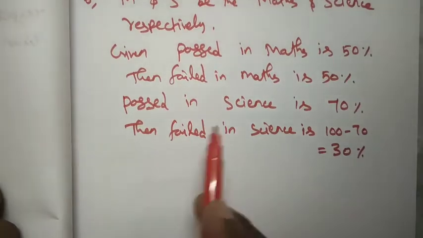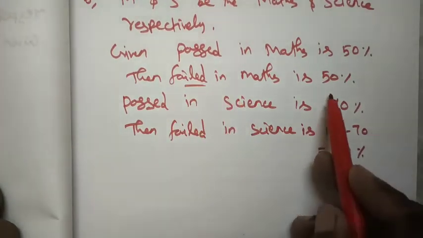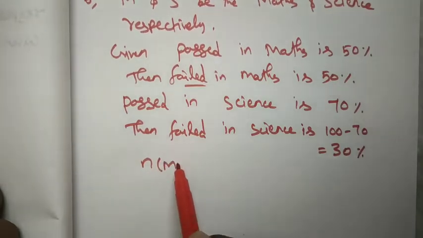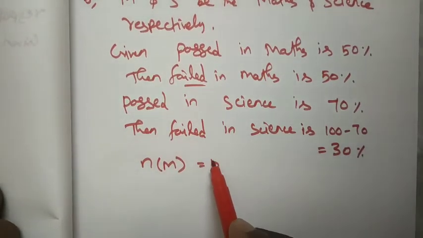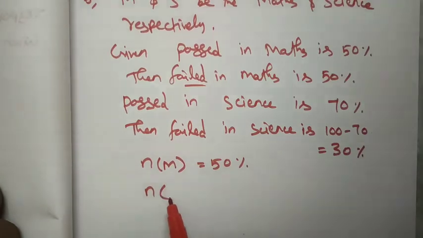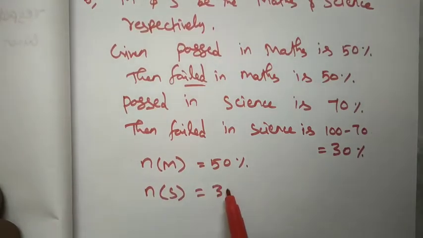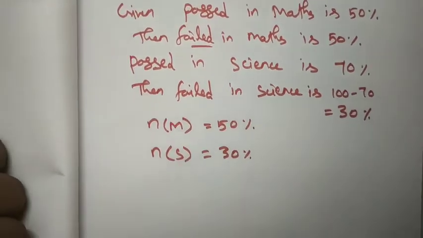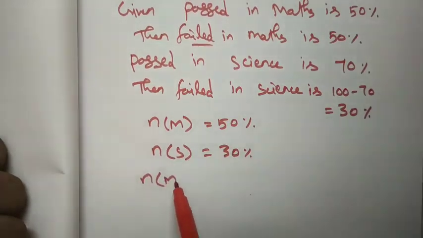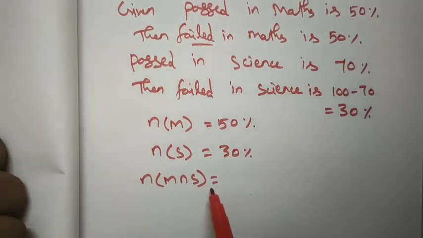Let me take only the failures, n of M is equal to 50%, and n of S is equal to 30% they have failed, and n of M intersection S, both, 10%, that is given.